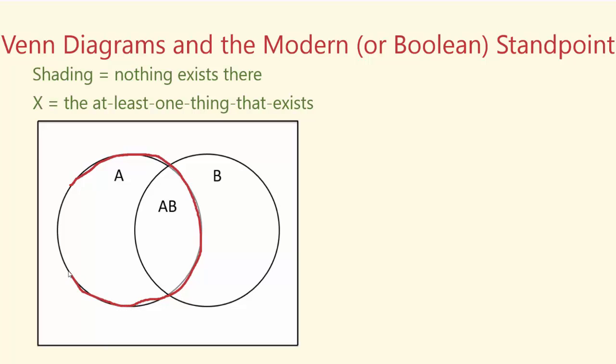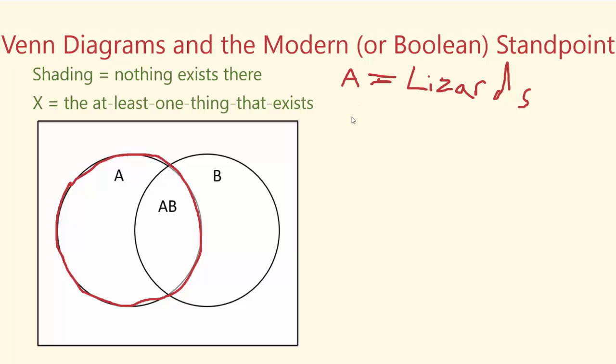If we're talking about the category of lizards, for instance, so let A for the moment be the category of lizards. Then anything that is a lizard falls somewhere in this circle.